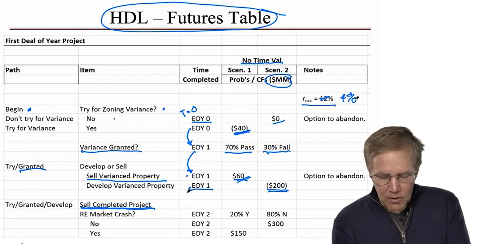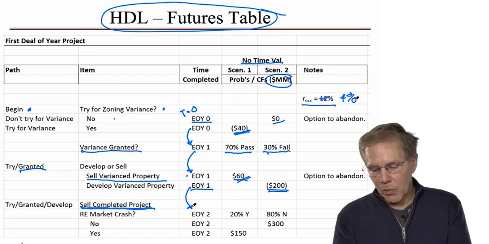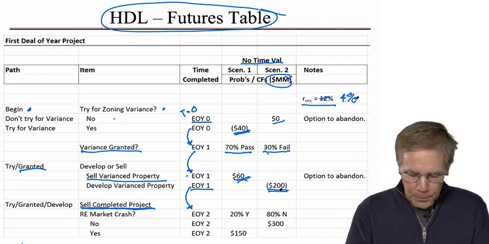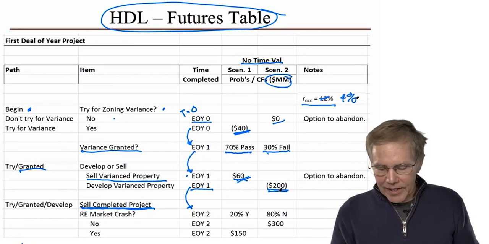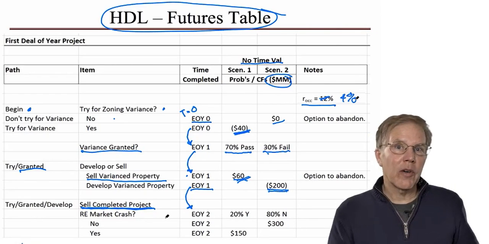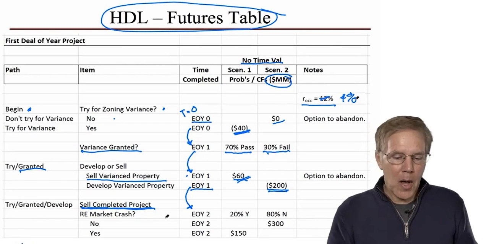It's going to take them a year to do the development, they think, which is pretty quick for a $200 million development here. But nonetheless, there may or may not be a real estate market crash between now and 2 years from now.